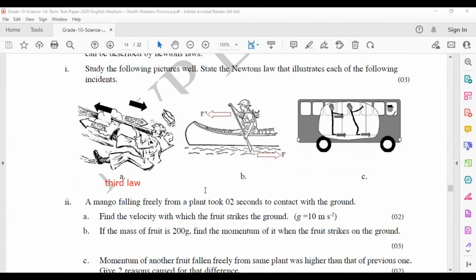And the second one shows you Newton's third law. Every action has a reaction. C shows you Newton's first law. If any object has no unbalanced force, it is at rest without moving.